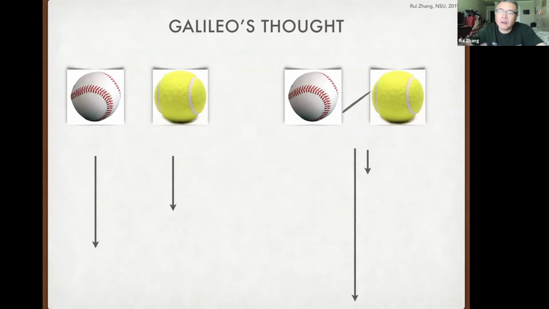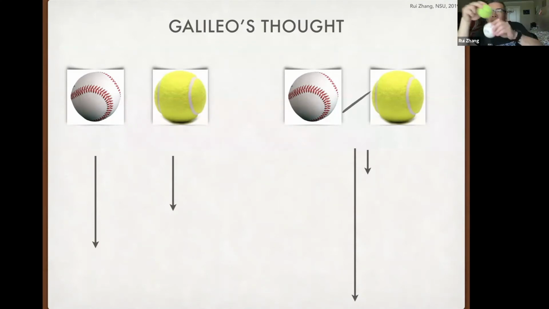However, from another point of view, if you say the baseball is falling faster than the tennis ball, after you connect them and drop them, what's going to happen? The baseball is going to go faster than the tennis ball. So the baseball tries to go down, but the tennis ball is moving slower. So the tennis ball is going to drag the baseball.